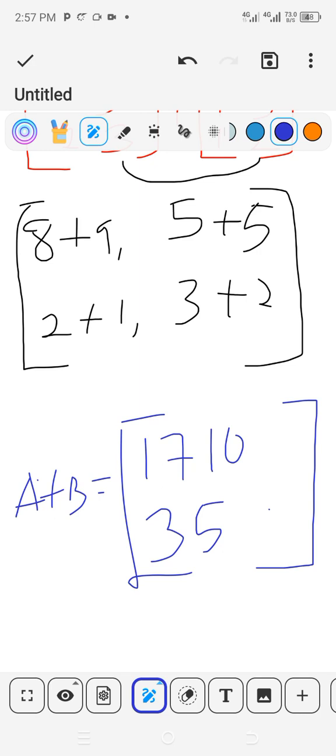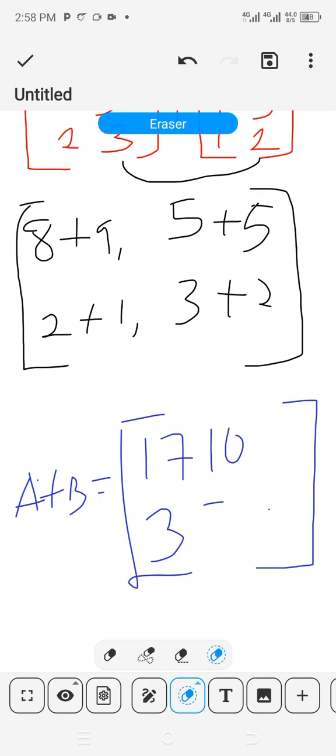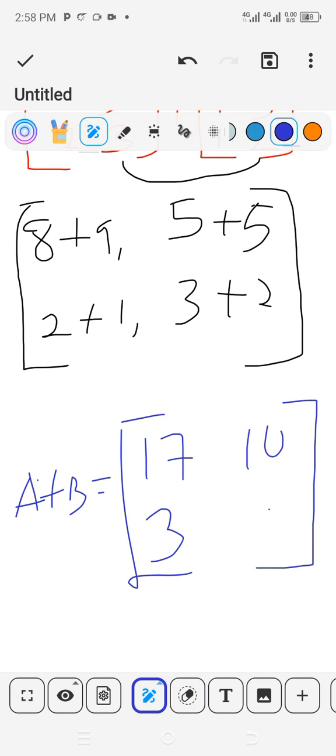Or are you saying it is 1, then 710? In the next row, are you trying to say it is 35? Well, guys, it is kind of confusing. So if you can separate them widely, then you don't have a problem. The most important thing is to give them a huge gap to show that they are not joined.